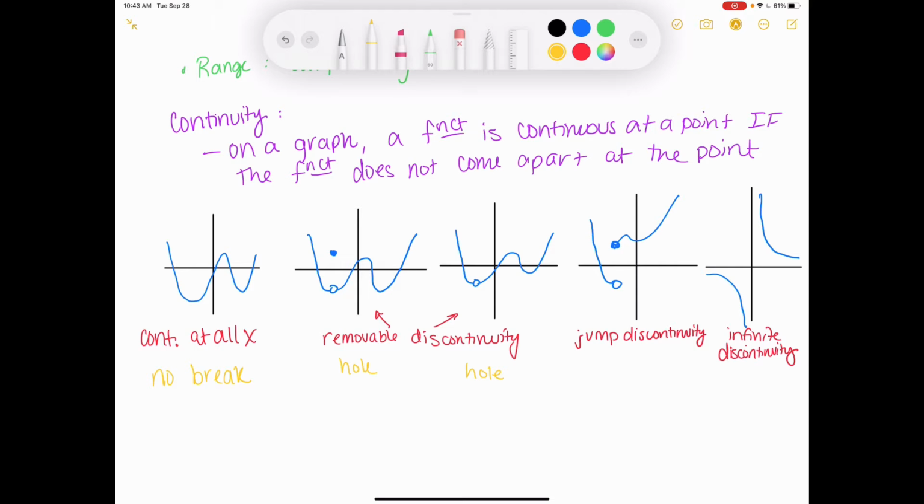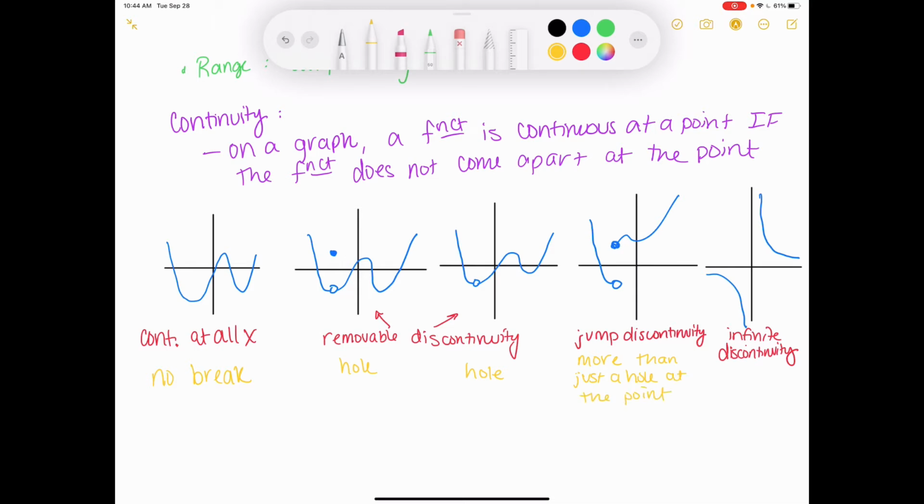So the jump discontinuity is, well, as you can see, it literally jumps up and continues. So this one is more than just a hole at the point.